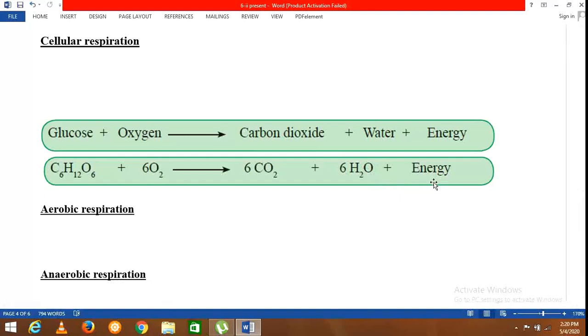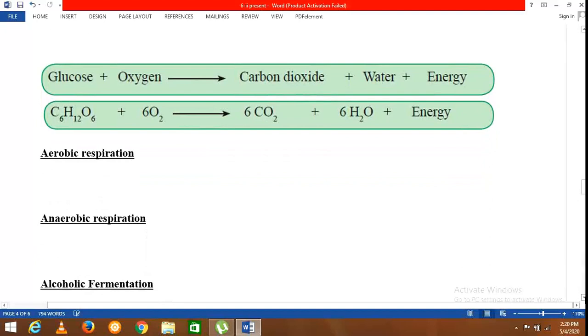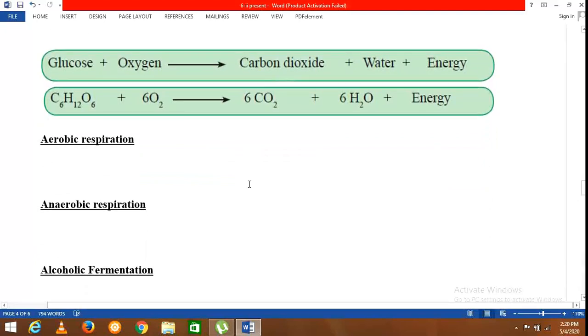Based on the requirement of oxygen for respiration, we can divide it into two types as aerobic respiration and anaerobic respiration. So aerobic respiration is the respiration in which oxygen is required, or the respiration carried out by organisms in the presence of oxygen is known as aerobic respiration.